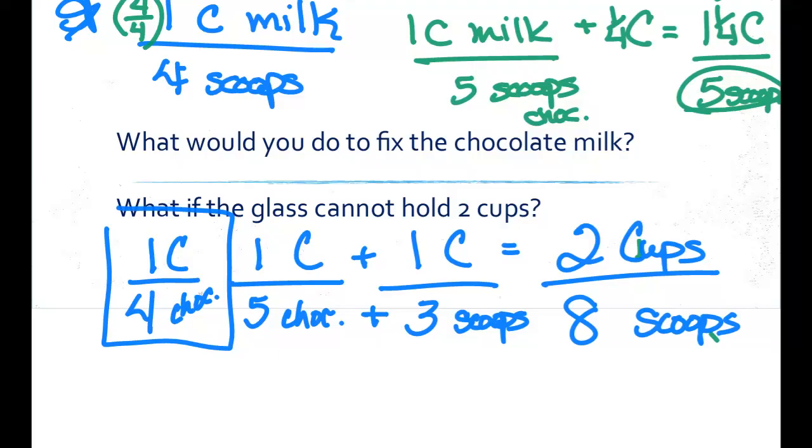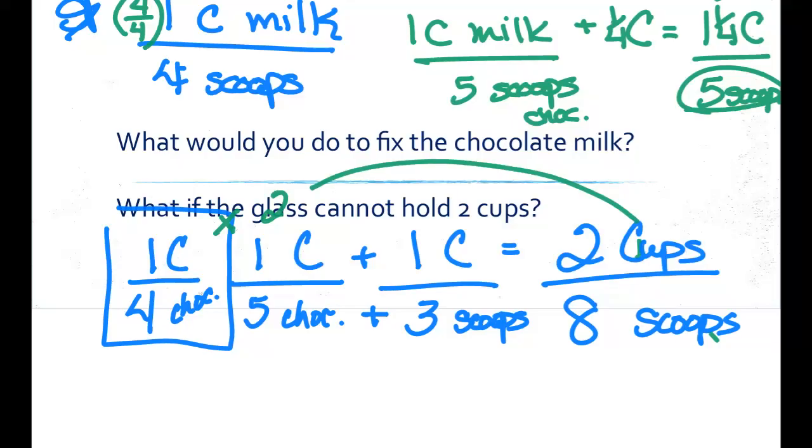Now, is this how we add fractions usually? No. But we're talking about ratios, okay? Talking about ratios. So 1 cup times the 4, talked about the fourths. 1 times the 2 gave me the 2 cups.